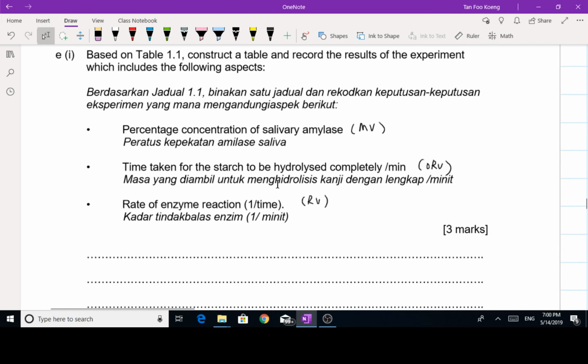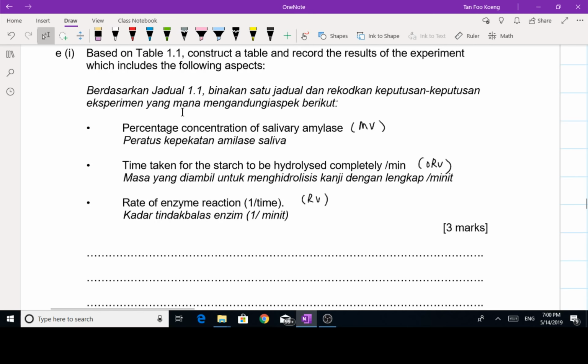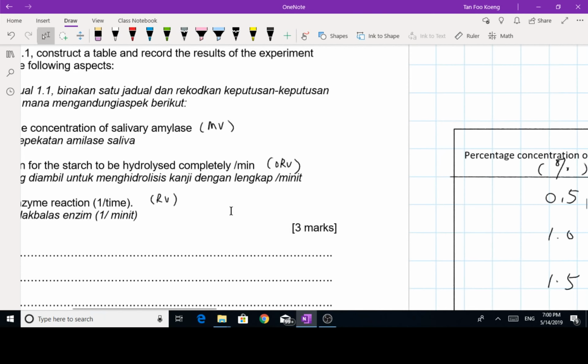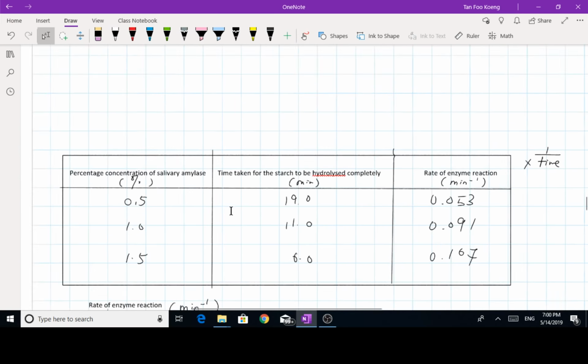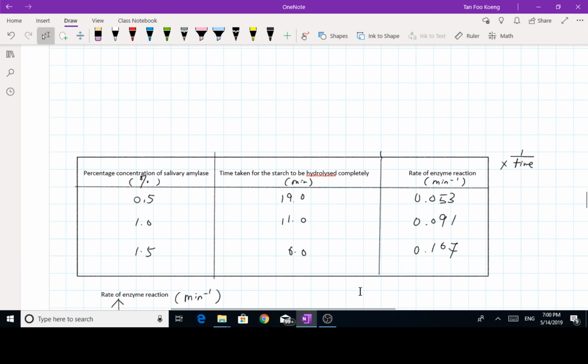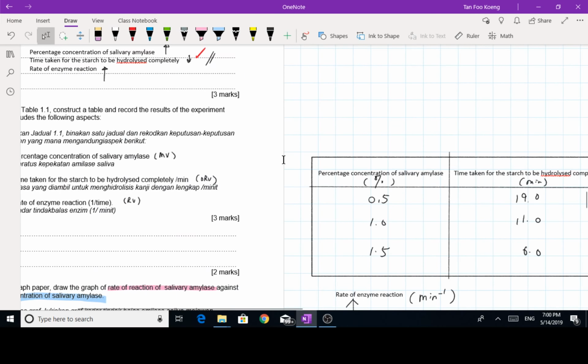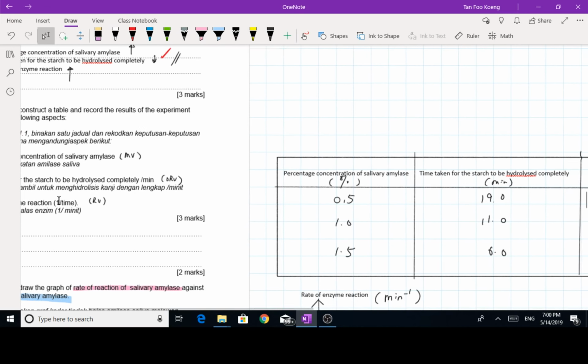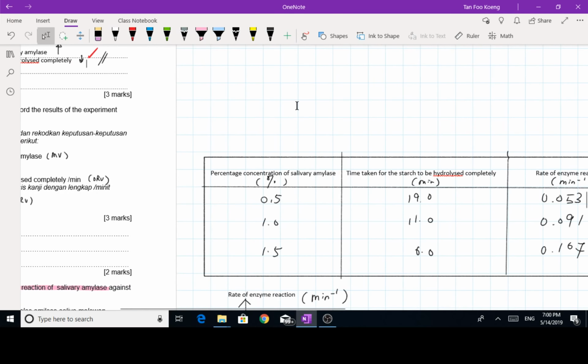Then E1, construct a table. Make sure that your table has all these aspects. So I have a frame for my table, and then I just copy and paste from E1. Percentage concentration, copy and paste it here. The time taken for the starch to be hydrolyzed completely, copy and paste. And lastly is the rate of enzyme reaction, copy and paste.